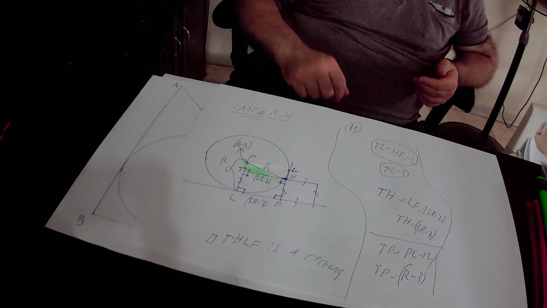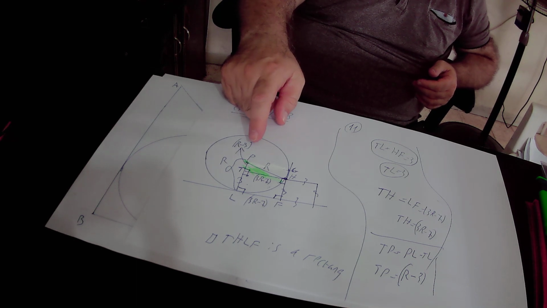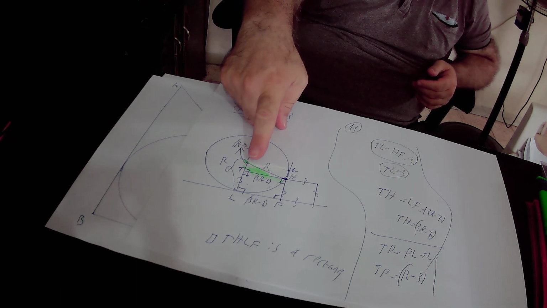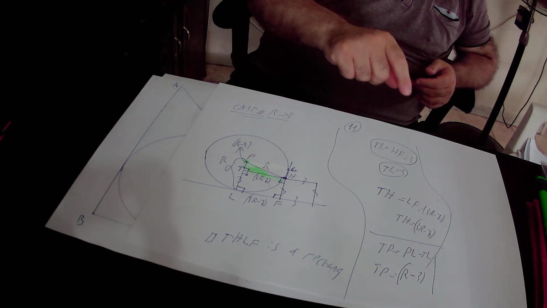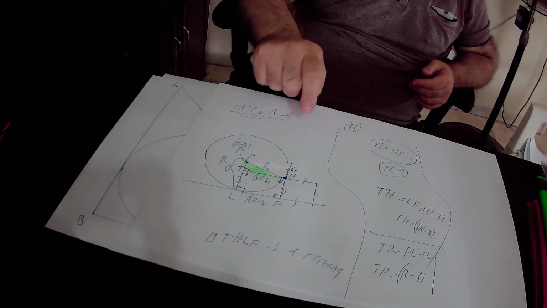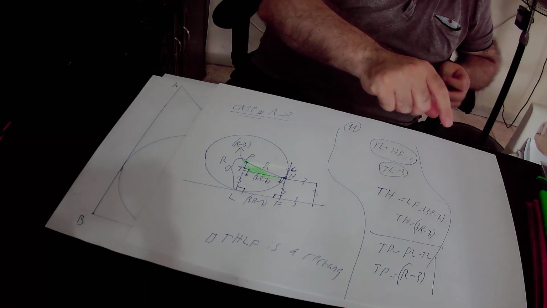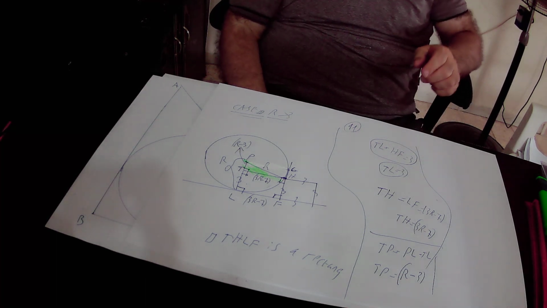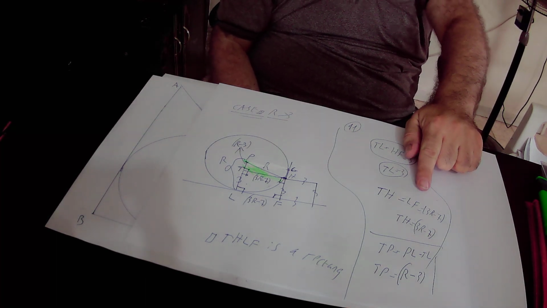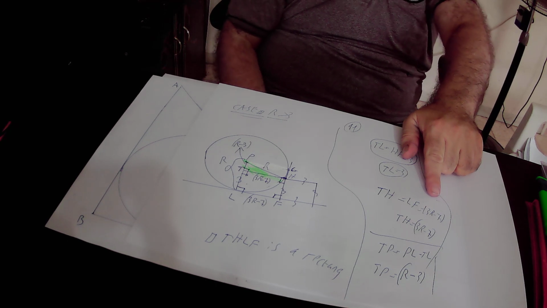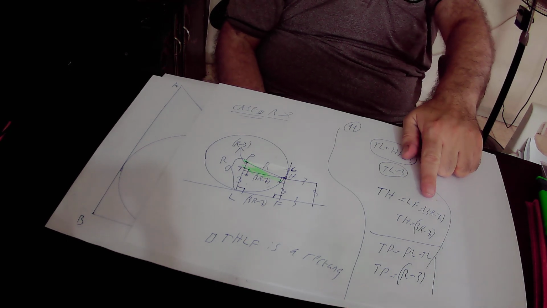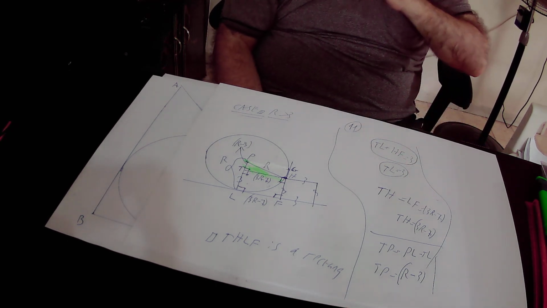So that is to say, TH is equal to LF. TH equals LF, but according to what we already found out, LF equals 3R minus 7. And from this equation, TH equals LF equals 3R minus 7, we will derive that TH is equal to 3R minus 7.